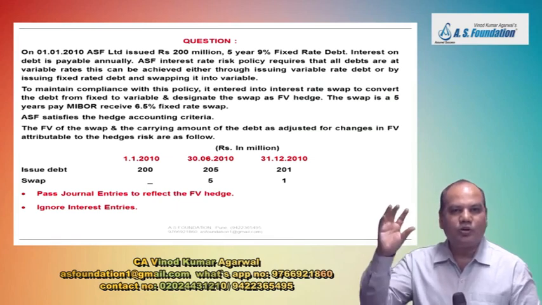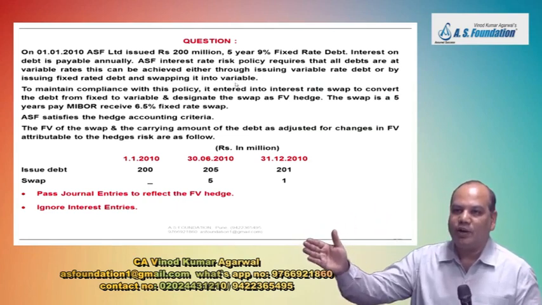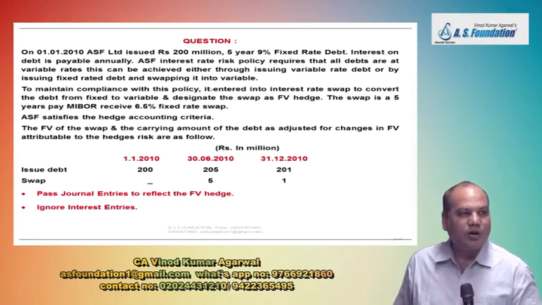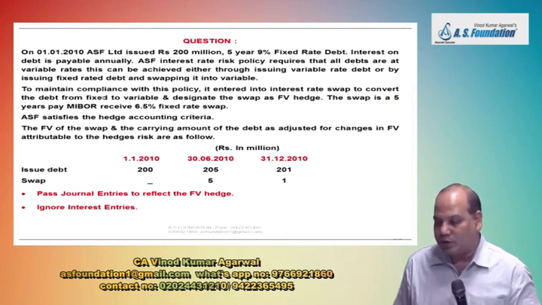So what is the policy of this company? Use variable rate. Now how will you get variable rate? Either you directly issue a variable rate instrument or you borrow at fixed rate and swap with a variable rate. Therefore you convert a fixed rate liability into a variable rate liability.